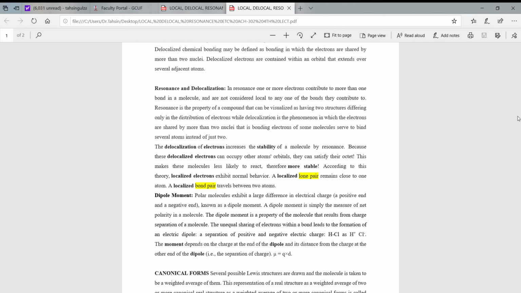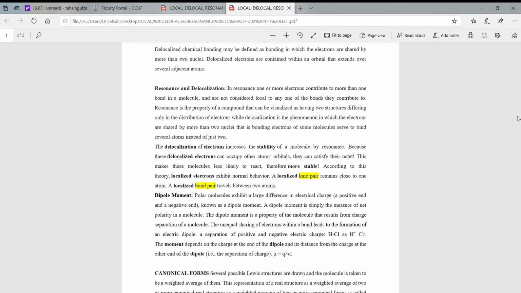So it is clear that this negative charge is not localized on any one of the oxygens. This negative charge is moving from one oxygen to another oxygen, and carbon is involved, so three atoms are involved.